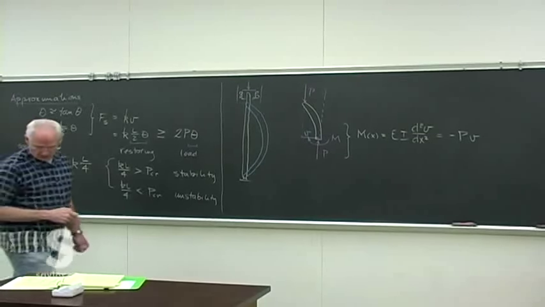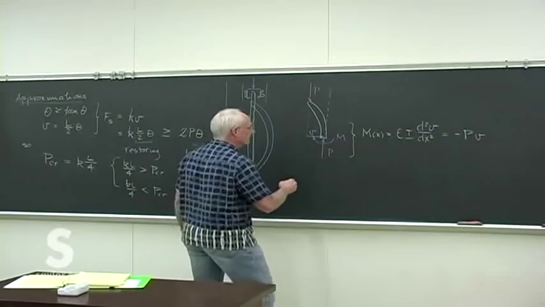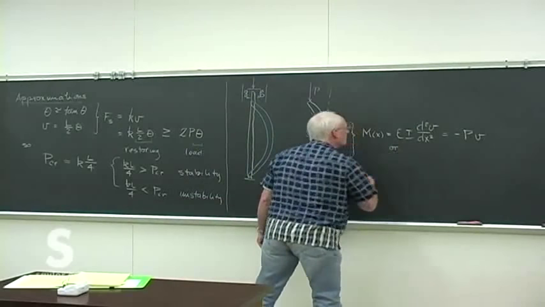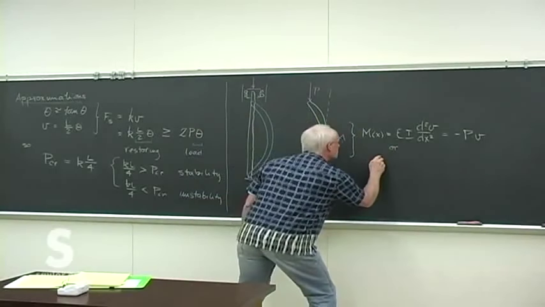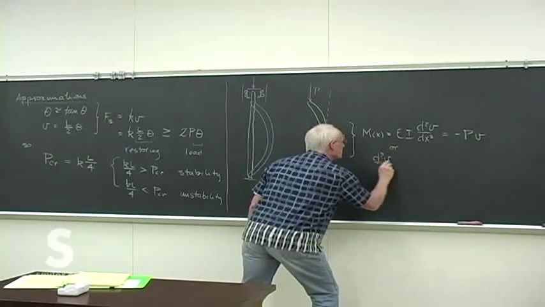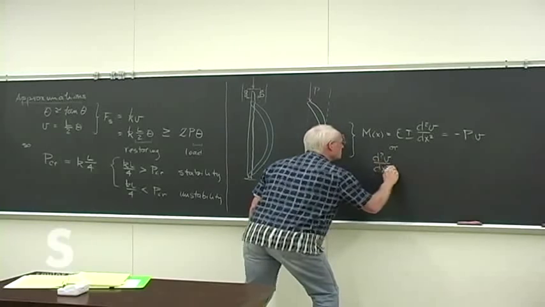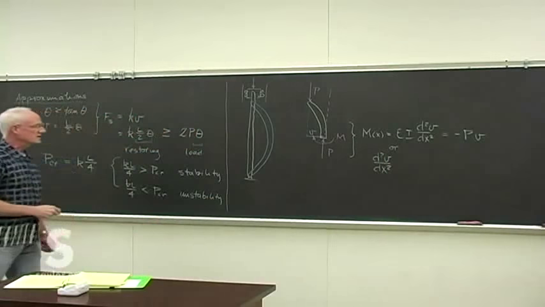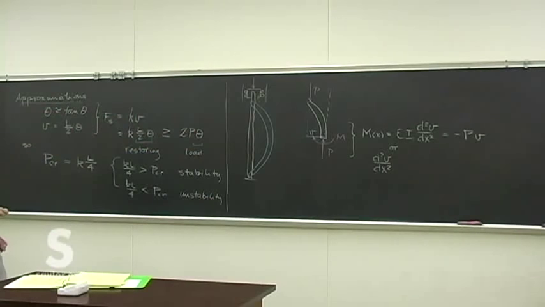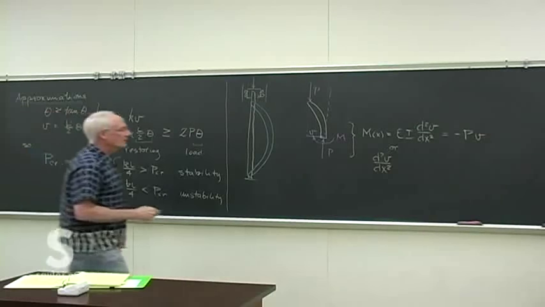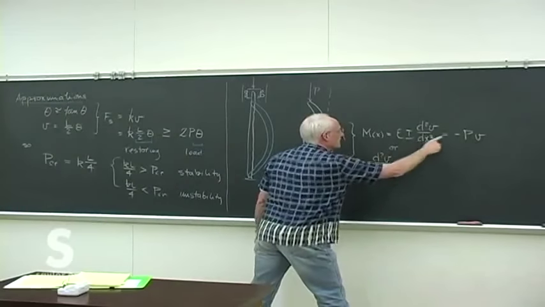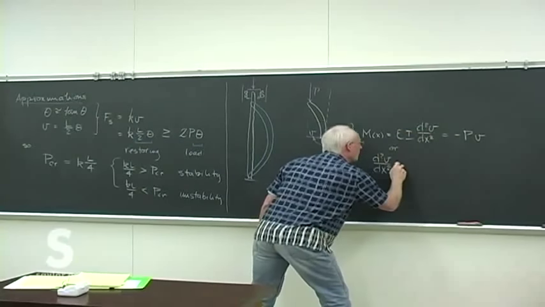All right, we can rearrange things a little bit, and you'll like where this is going, because it means that not all of the classes you take are useless to us. So we can rearrange this a little bit, bring it over the PV, dividing through by EI.